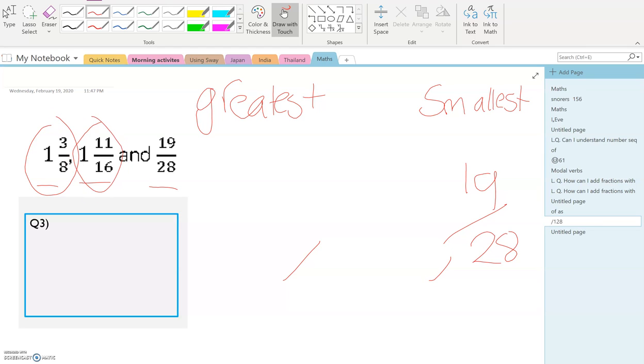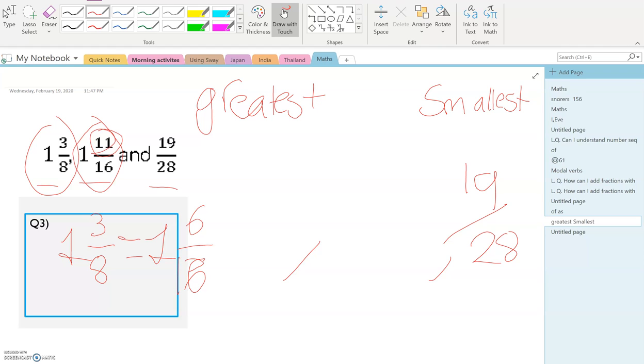I can't compare them because their denominators aren't the same. So I cannot halve this one because there's 11 at the top. So I'm going to change 1 3/8 to make the denominator 16 because I can double the top and I can double the bottom number to give me 1 6/16.